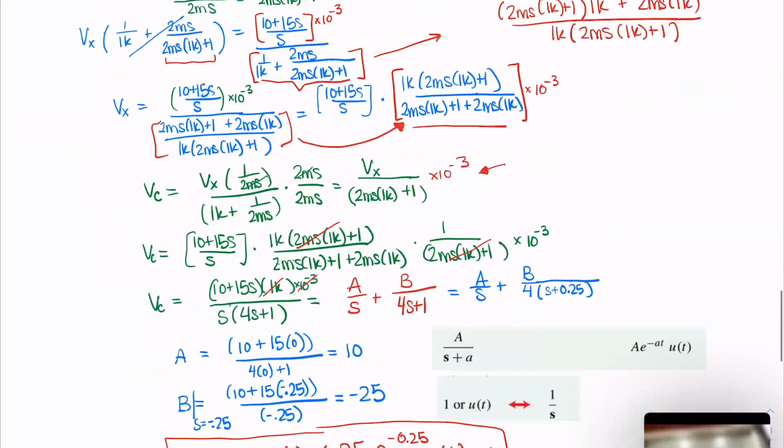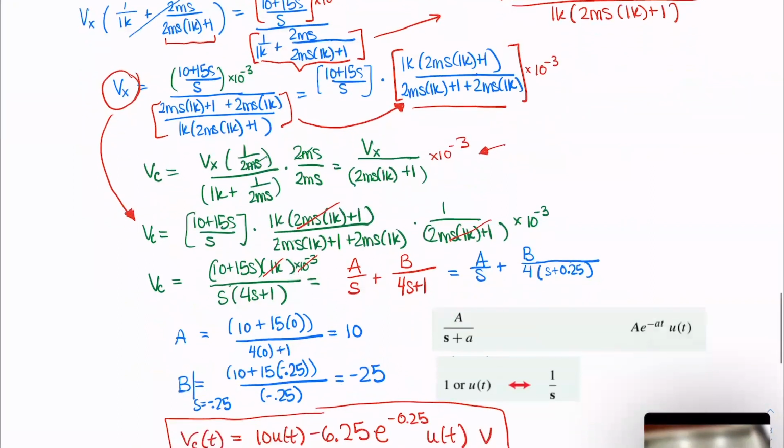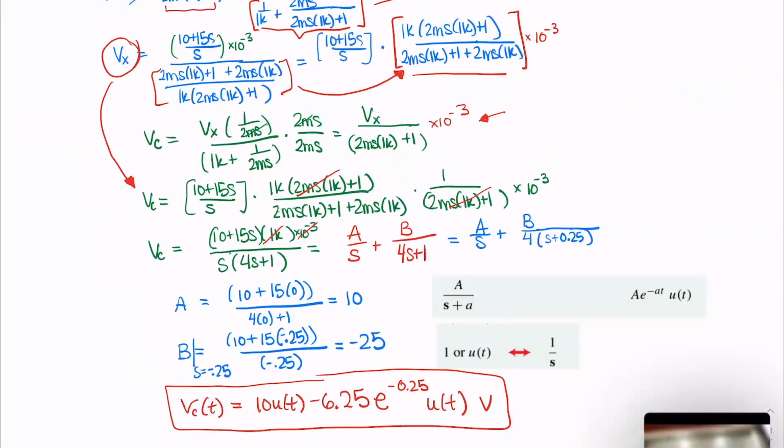And so I plugged in the V of X here. So the 10 plus 15S over S times 10 to the minus 3. And then Vx is this portion here, and then it's divided by this.